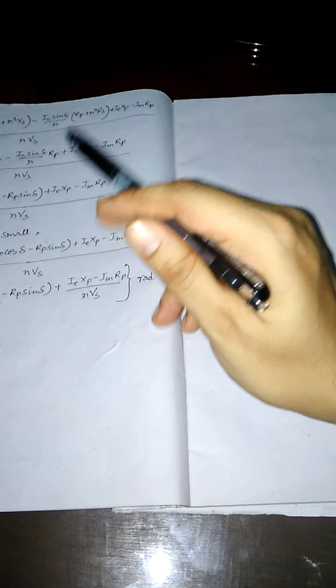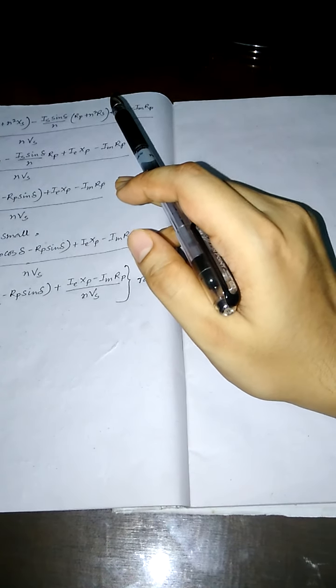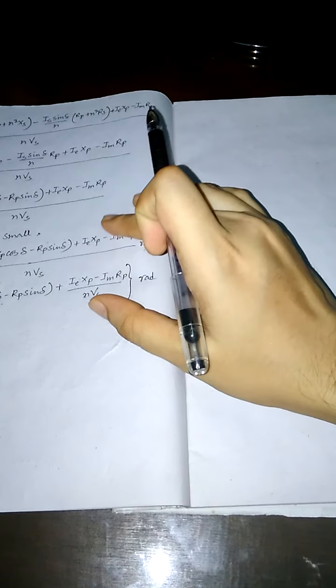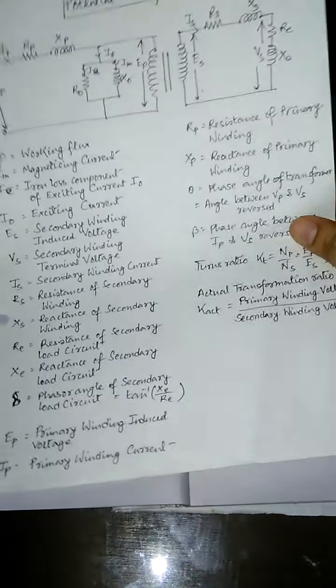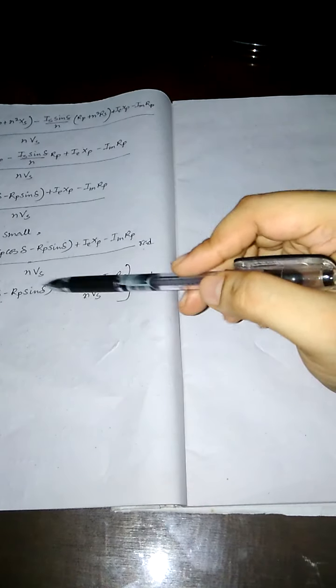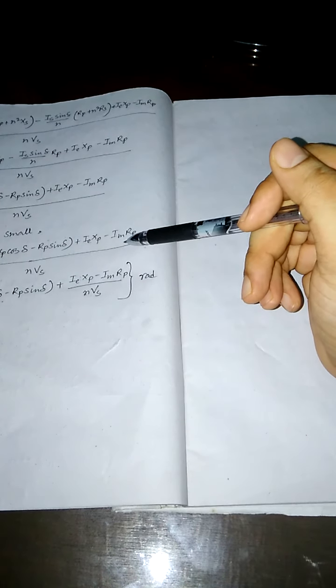Again you can see that for a potential transformer, if it is ideal, then there should not be any phase difference between these two parts, because we are considering this angle theta as the phase angle between VP and VS, that means the primary winding voltage and secondary winding voltage. But if it is ideal, there should not be any phase angle, but here we get this phase angle. So this is also the phase angle error.